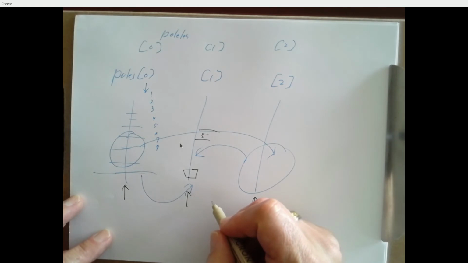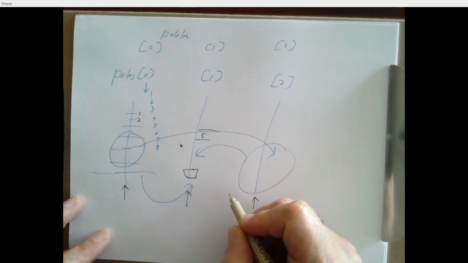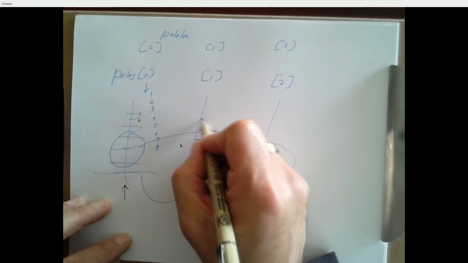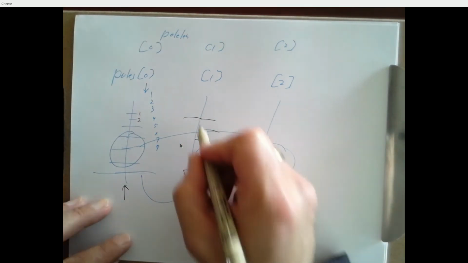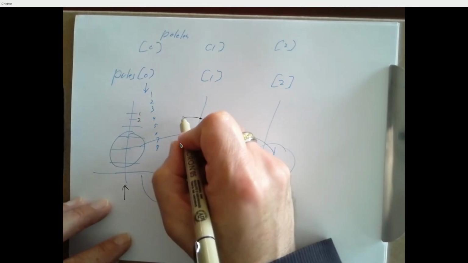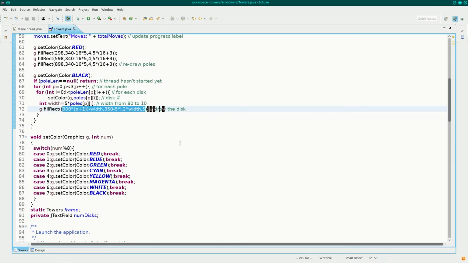And if I know the disk number, and I know disk 1 is the skinniest and disk 2 is bigger, and I just increase the radius of the disk by 5 each time, I can find the full length of this rectangle I want to draw. And if I know where the middle is, I can add half that to get the rightmost X coordinate and subtract half to get the leftmost. So that's all that's going on in there.